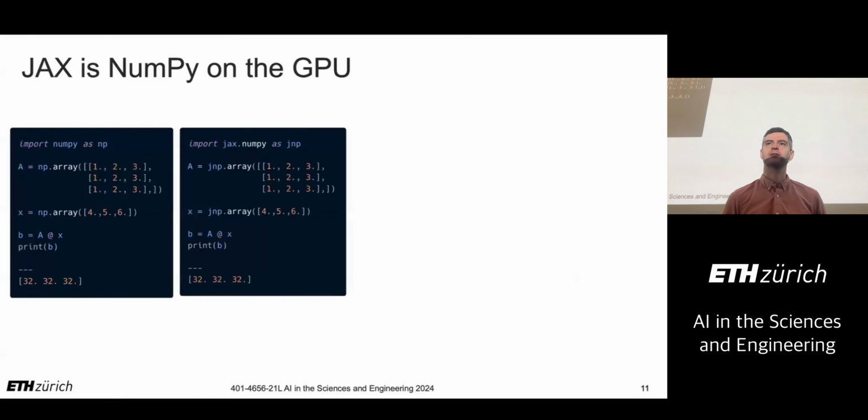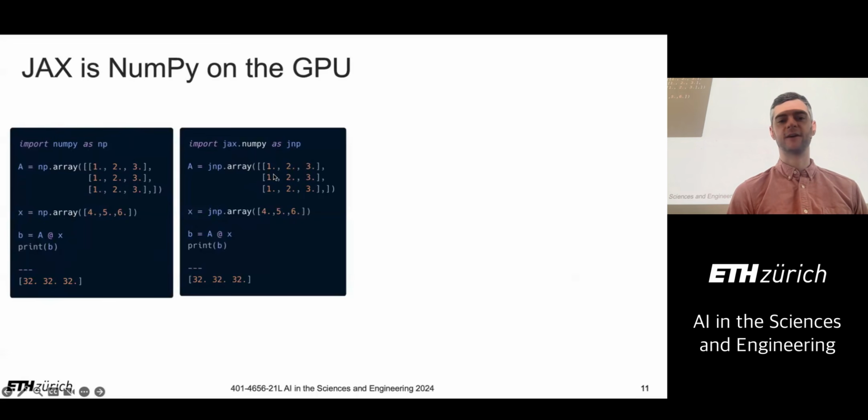JAX can simply be thought of as NumPy on the GPU. On the left, this is some very standard NumPy code. I'm just defining a matrix, doing a matrix multiplication and printing the output. Hopefully everyone's very familiar with NumPy and how it works. When we import jax.numpy, the syntax is exactly the same.